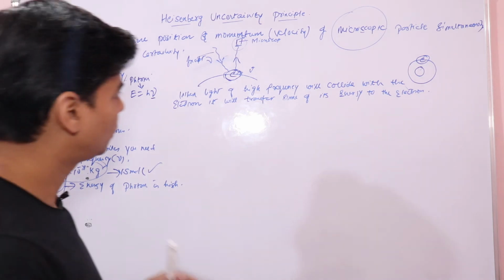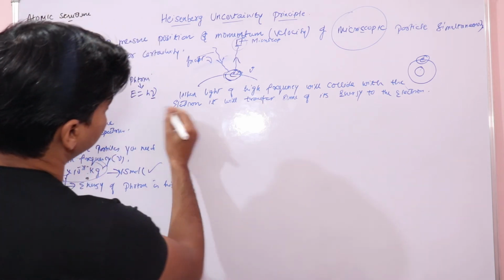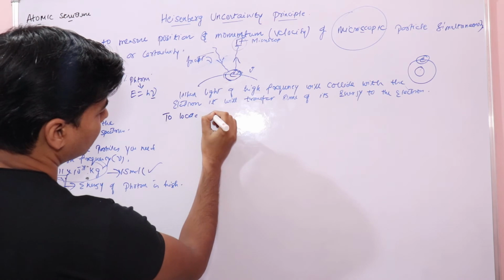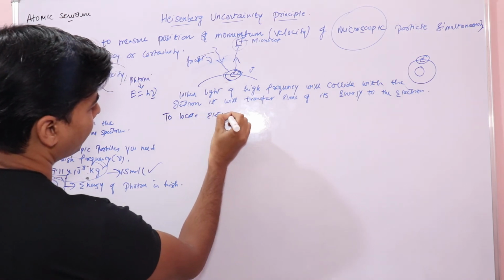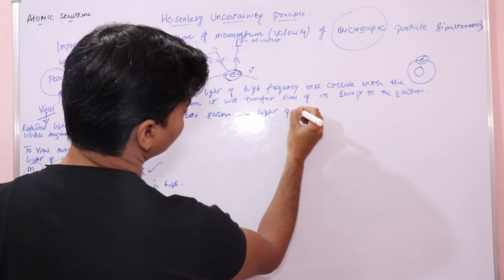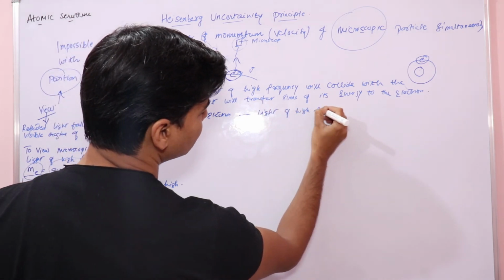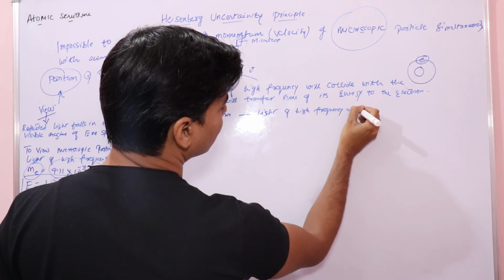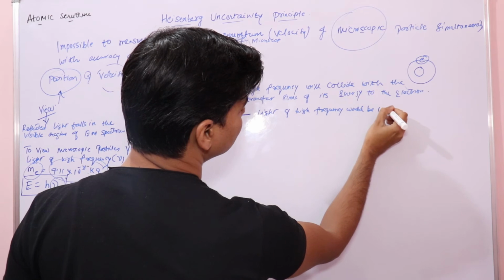In short, what we mean is, to locate an electron, light of high frequency would be used.